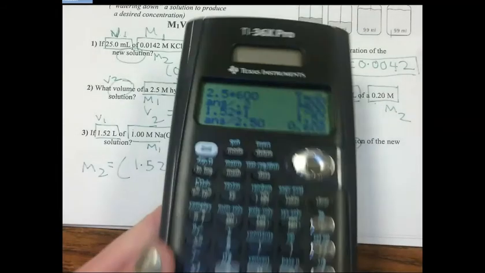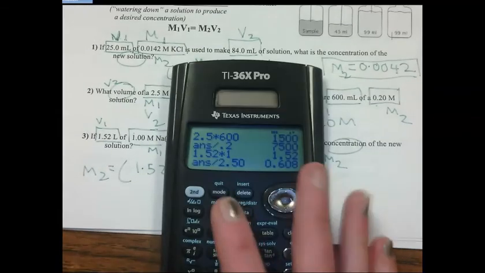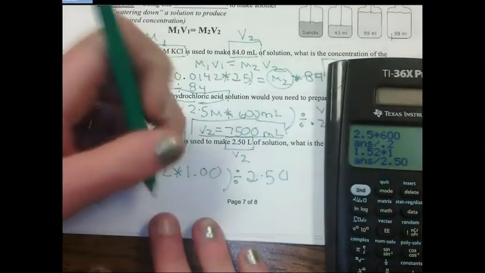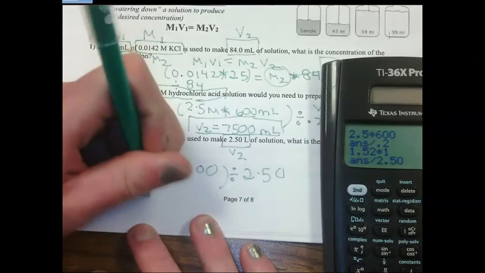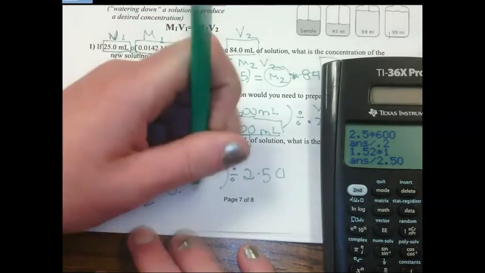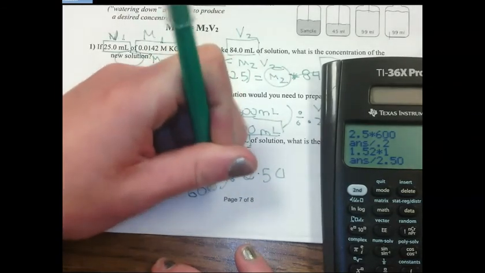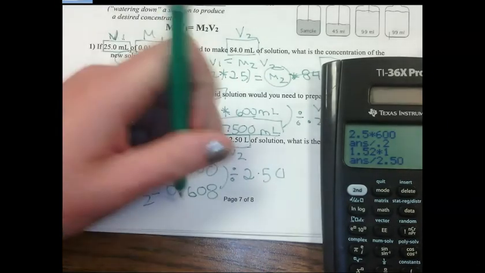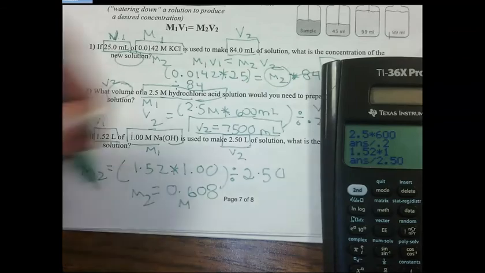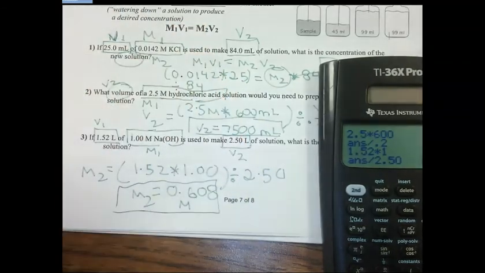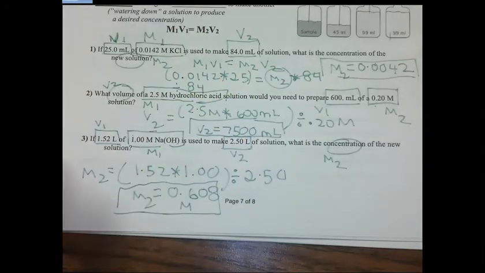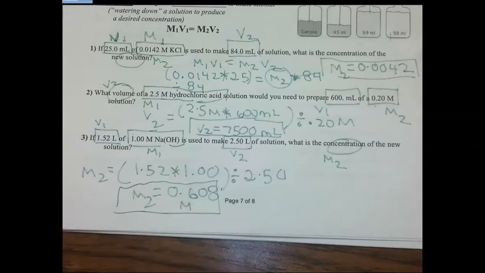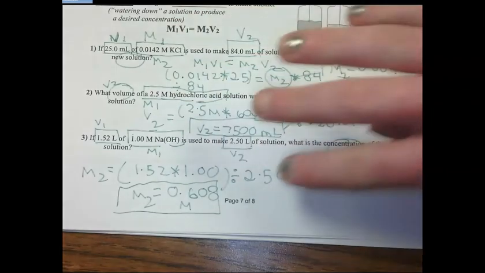Okay, and there is my M2. So M2 is equal to 0.608. And that's it. Don't forget, your left and right sides are going to be equal to each other. So if I want to check my work, I want to make sure that both are equal.